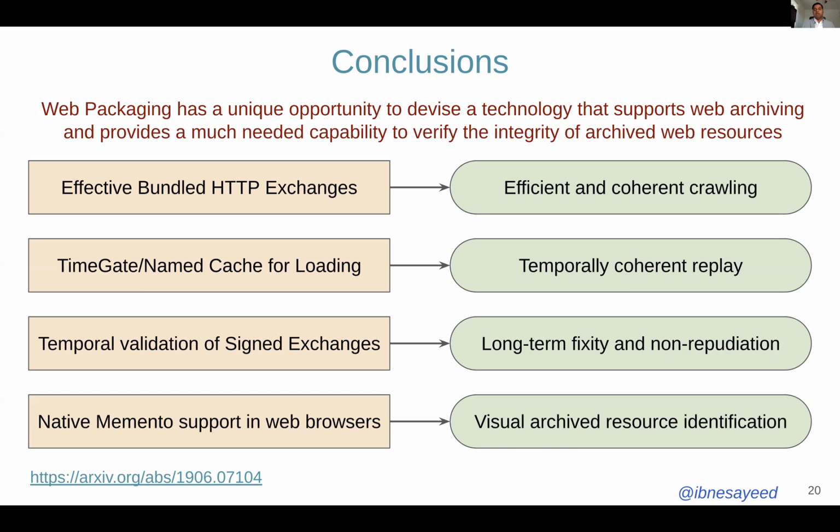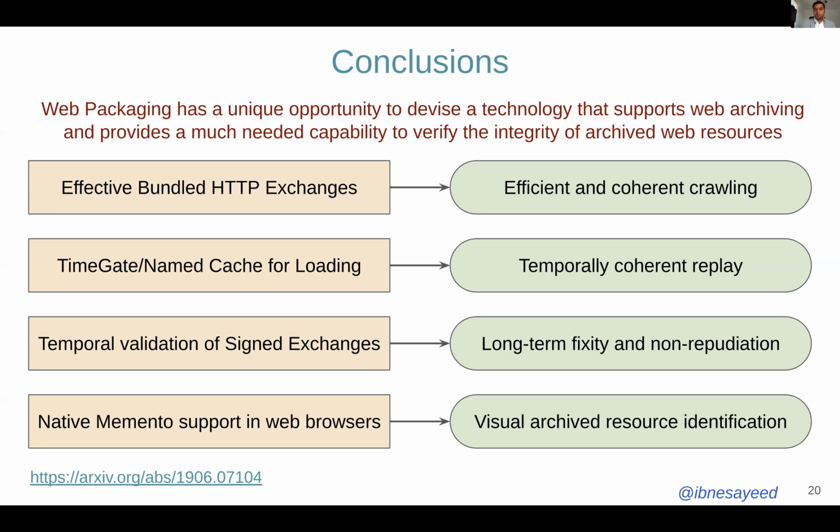If TimeGate or name caches for loading are implemented or some other means along the same line, then we'll have more temporally coherent replay and temporal validations of signed exchanges. When those are implemented, if ever, then we'll have a means for long-term fixity and non-repudiation.